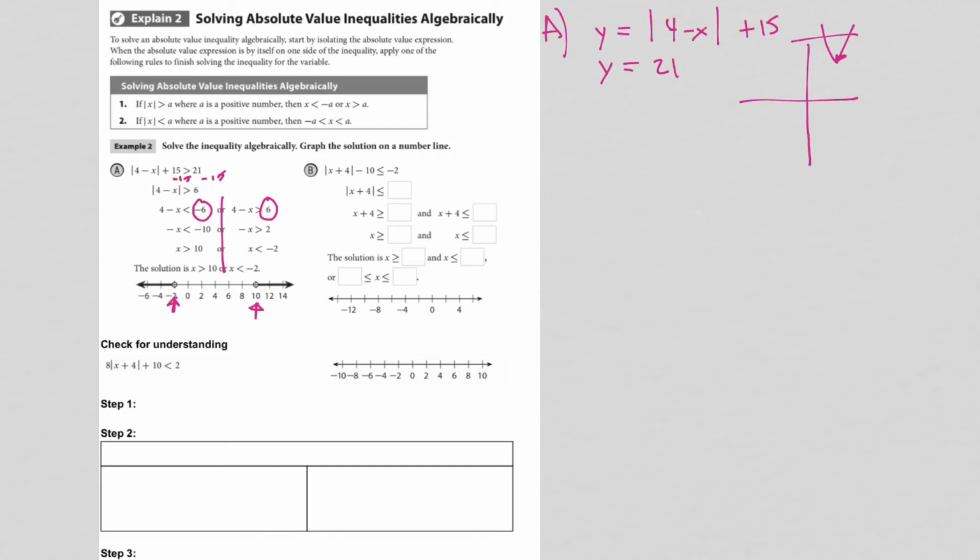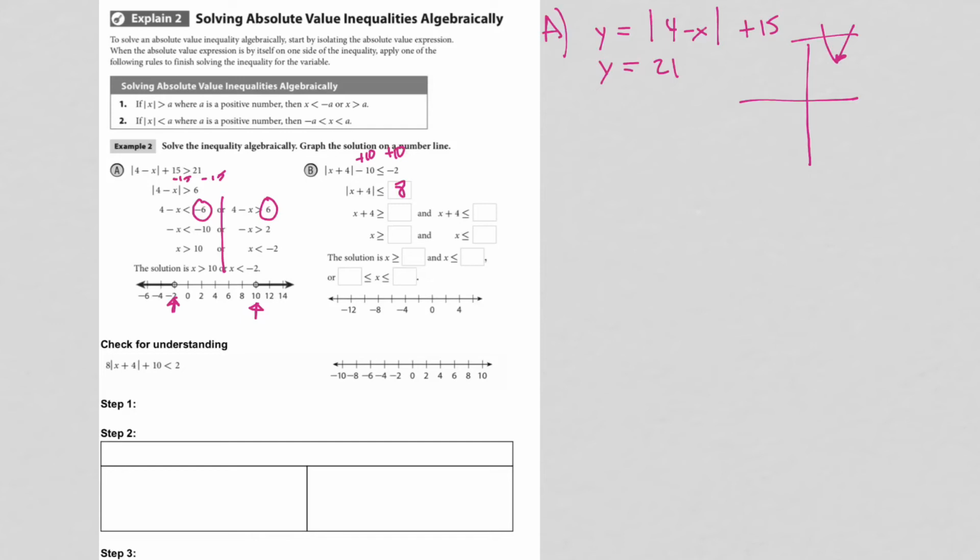So now let's try B, for example. And it's got one kind of worked out a little bit. Right, they're going to add 10 to both sides. And when they add 10 to both sides, you wind up getting the absolute value of x plus 4 is less than or equal to 8.